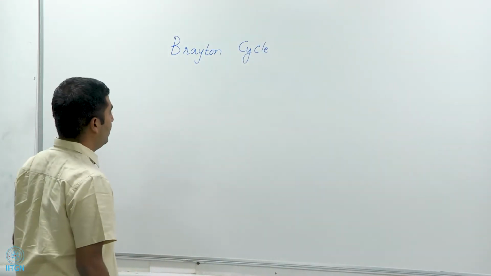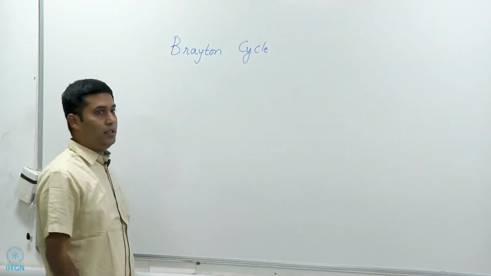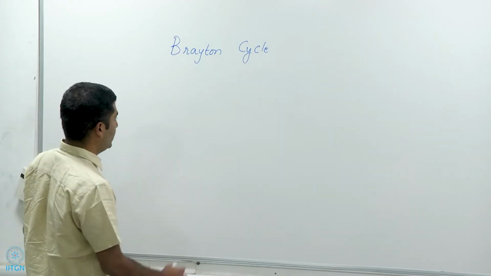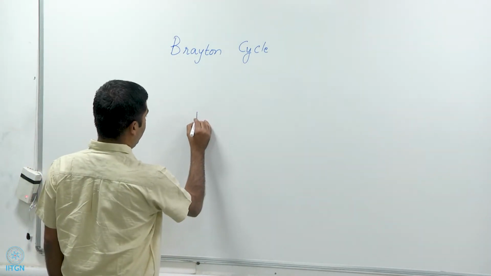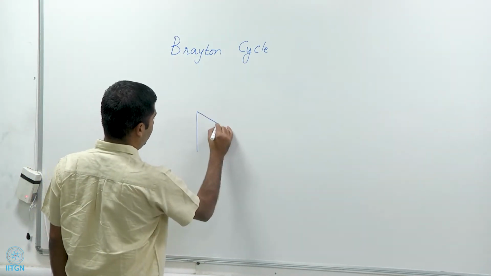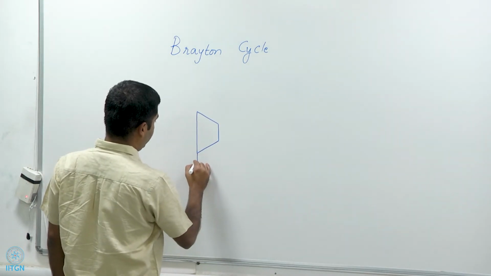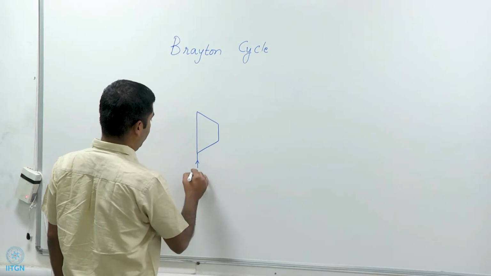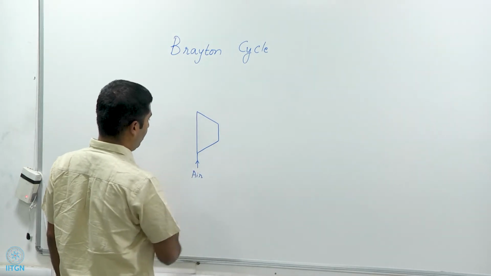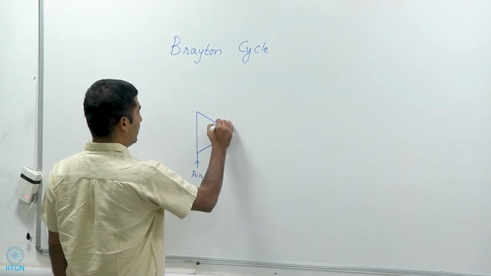The Brayton cycle consists really of 3 very simple components. Typically, air is drawn into a compressor, which compresses it to a high pressure, and as a result of compression, the temperature of the air also rises to some extent.